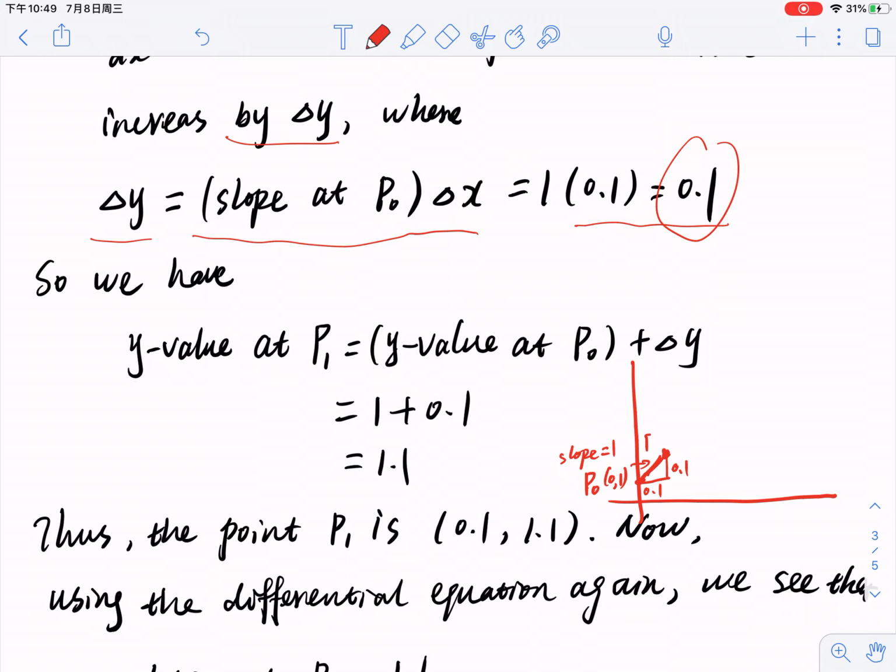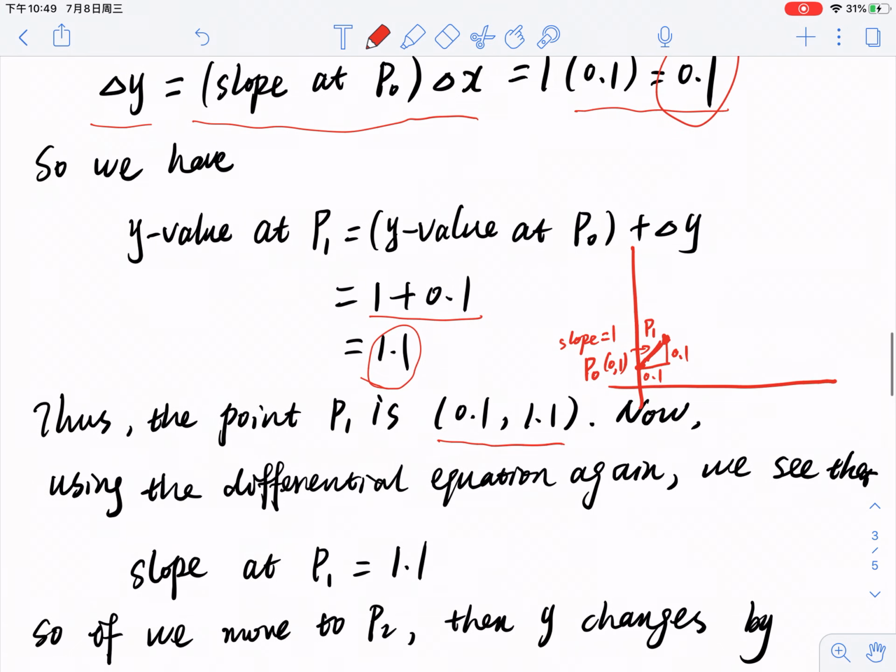This point is P1, so its y value is 1 plus 0.1, so it's 1.1. So the point P1 has coordinates (0.1, 1.1). So this is when we move from P0 to P1.